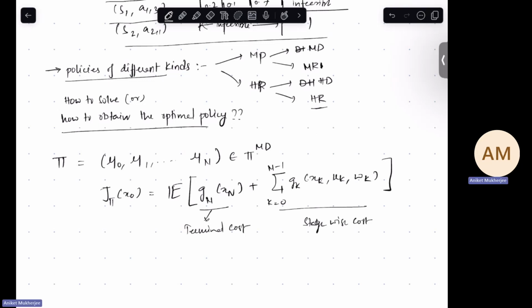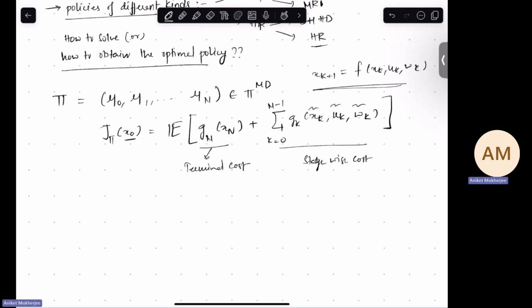And if you remember the stage-wise cost, you had the dynamics, where you have current state, current action, and randomness in the WK. Then you have the evolution as f of xk, uk, wk.